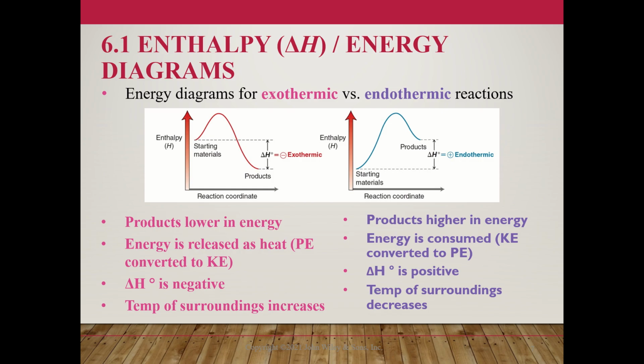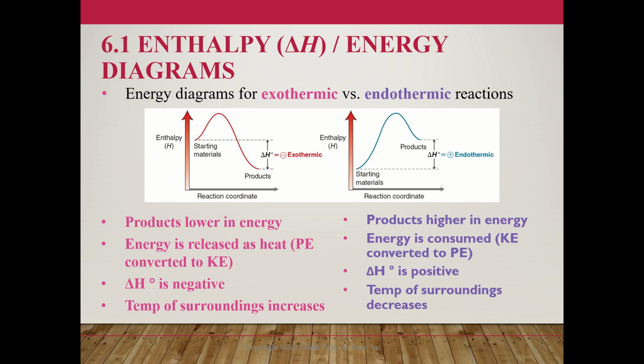And then enthalpy, that is showing us our heat energy as our reaction is progressing. For our exothermic reactions on the left, products are lower in energy than the reactants, and energy is released as heat, which is essentially potential energy in the chemical bonds converted to kinetic energy.